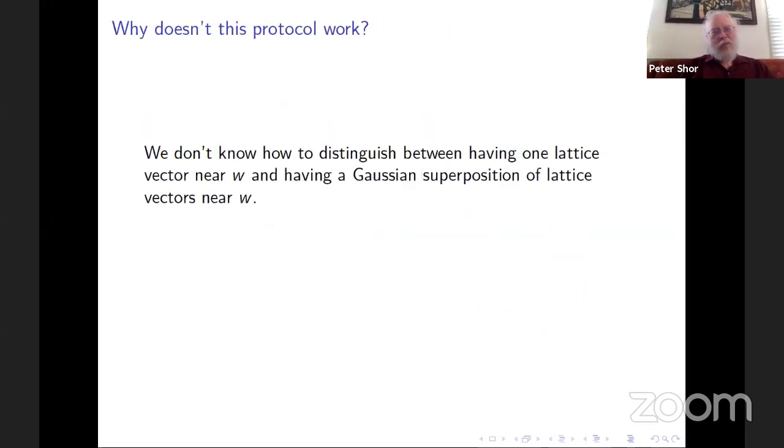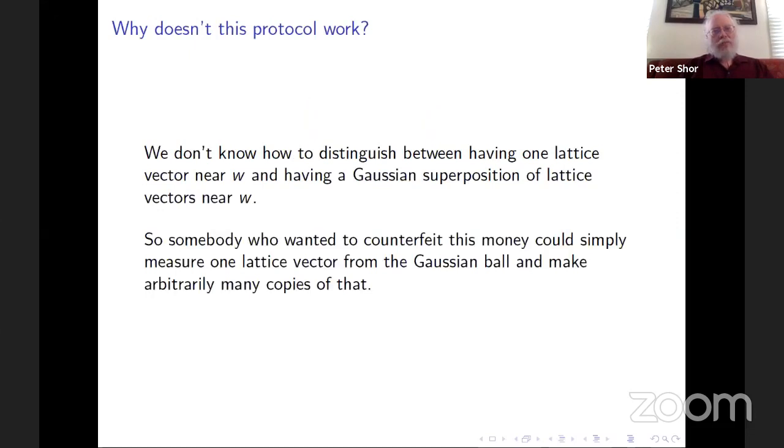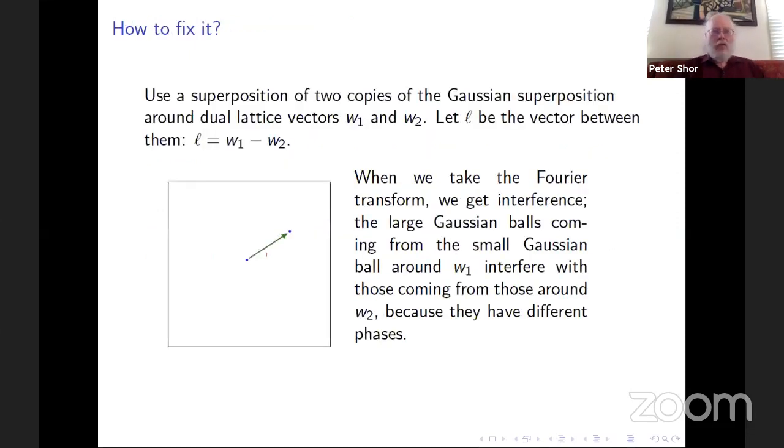Okay, so how do we fix this protocol? What we're going to do is use a superposition of two Gaussian balls around two dual lattice vectors W1 and W2, and we'll let L be the vector between them.